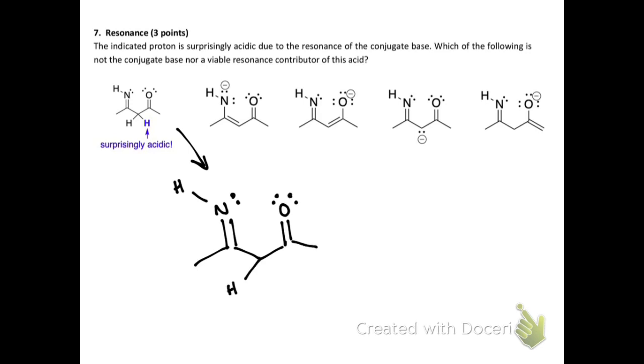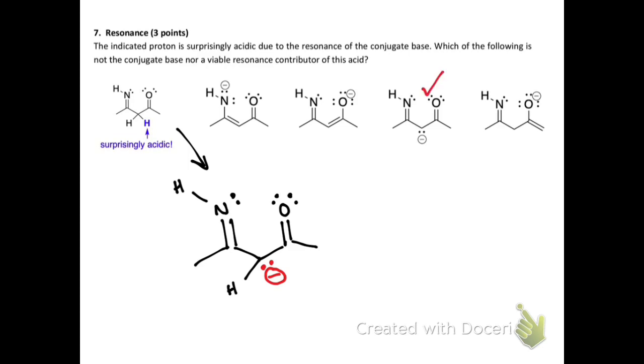We've taken our acidic proton and we've removed it. So I'm just going to put the lone pair here and our negative sign here. So this is our conjugate base. So right off the bat, we can eliminate this as an answer choice. I'm actually going to put checks next to it because I'm just going to show which ones are actually the conjugate base and contributors. So this one's fine.